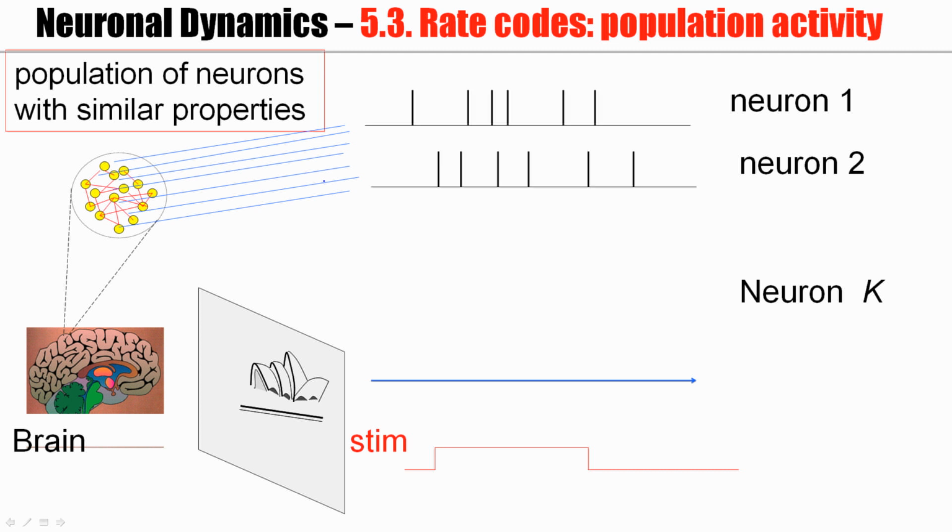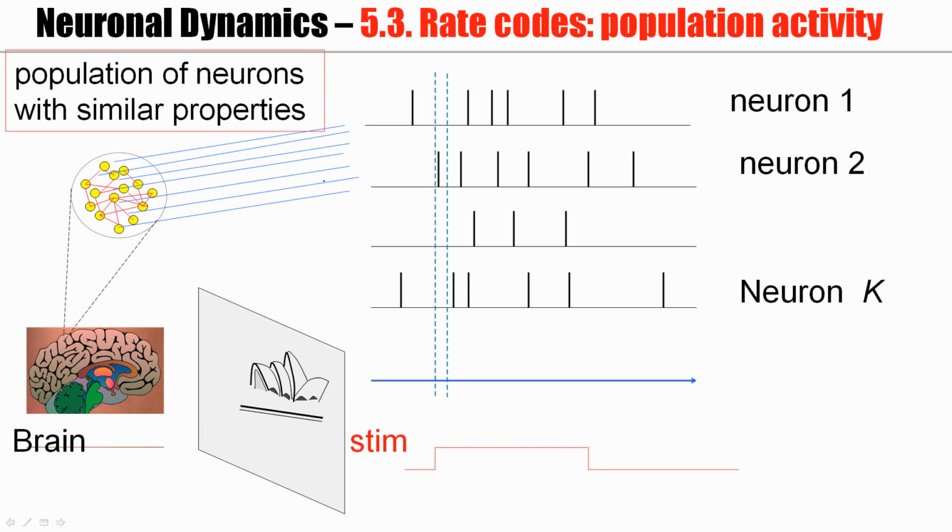So the picture is the same as before. The difference now is that this is a single trial. And it's different neurons. The first line is neuron 1, the second line is neuron 2, the last line is neuron K.